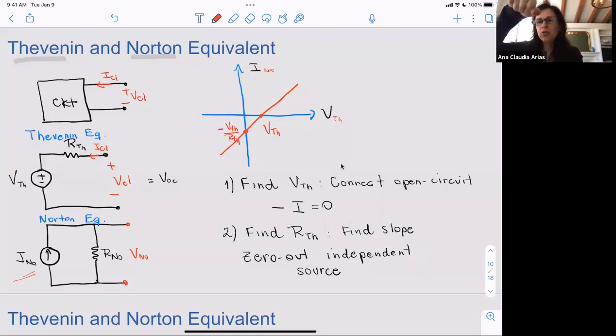Or you can do the same with the current source. In other words, it means that you are doing an open circuit, right? And that's what it means to zero the sources. You are actually saying, okay, my independent current source is 0, or my voltage is 0.